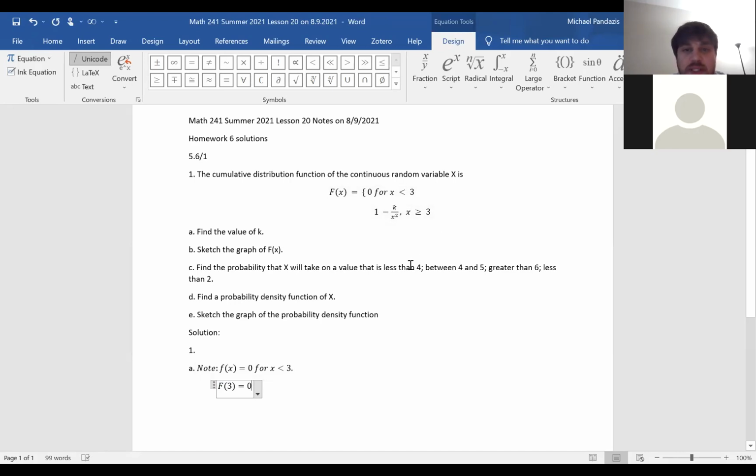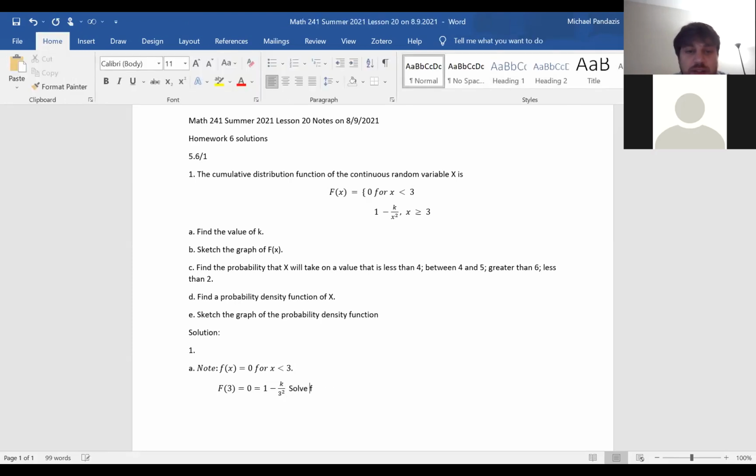And so capital F of 3 is equal to 0, but that's equal to 1 minus k over x squared, which is 3 squared. So you can solve for k: k over 9 is equal to 1, so k equals 9. Okay, does that make sense? So k equals 9 in A, because capital F of 3 is equal to 0.